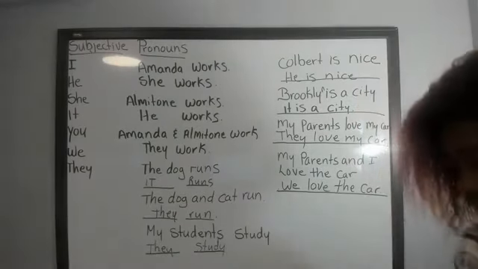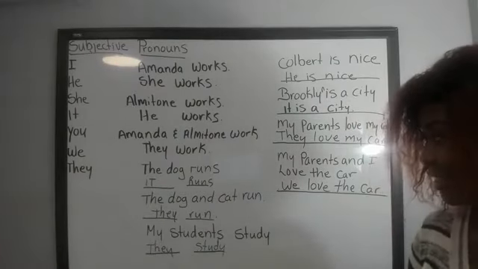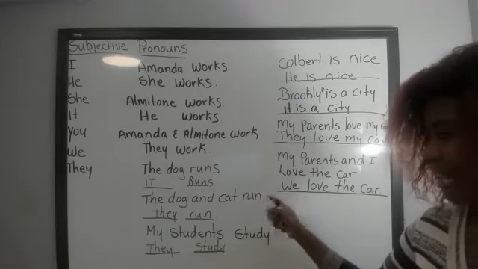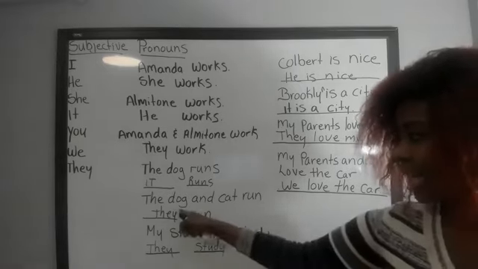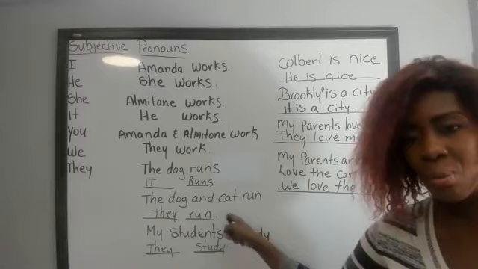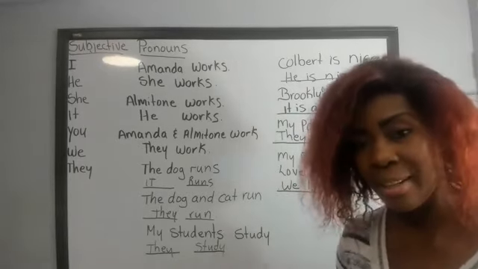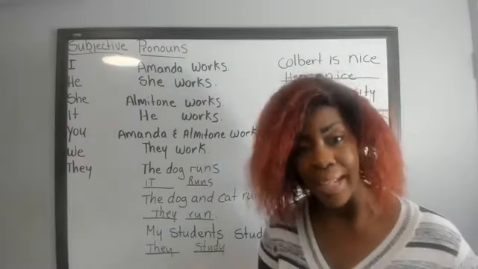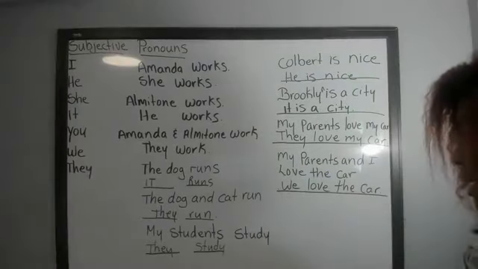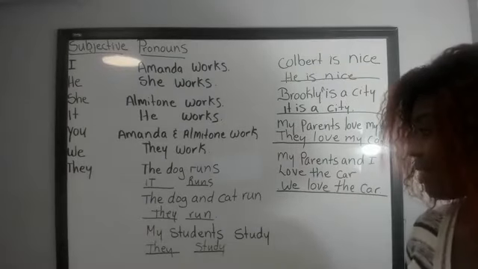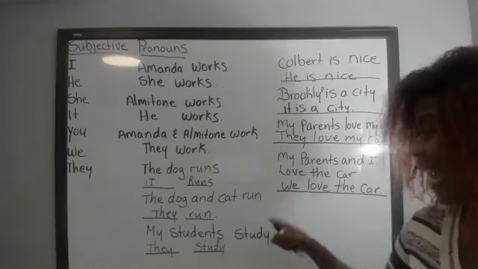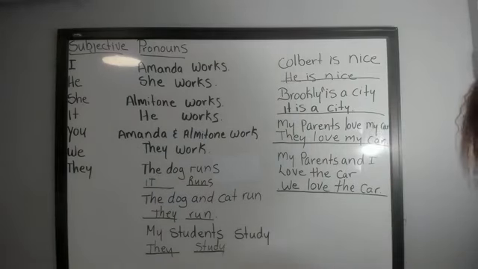The dog and cat run. Why didn't I add an S right here? Because we have two different animals. Since we're talking about two animals instead of one, I cannot add the S, all right? So the dog and cat run or they run.